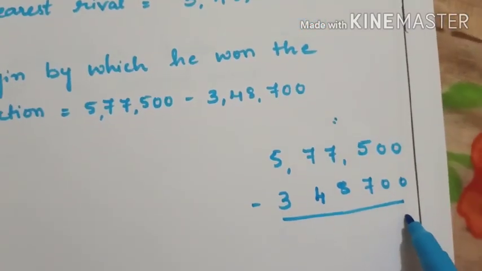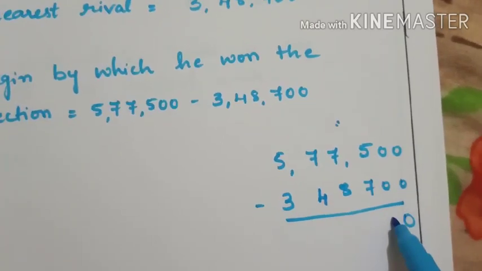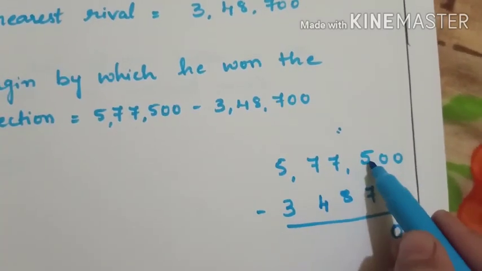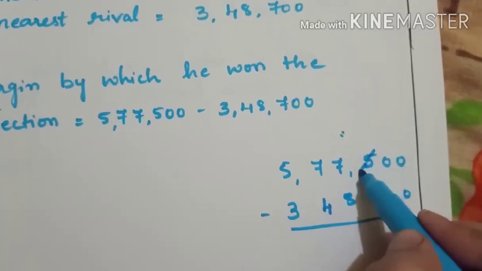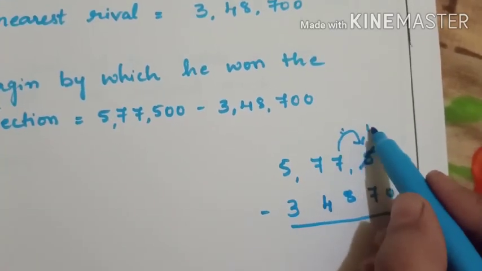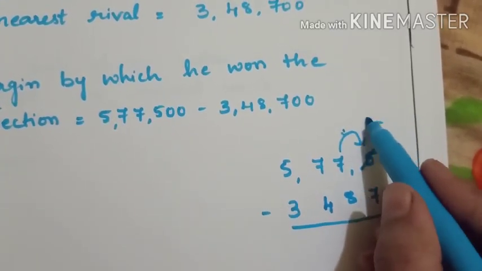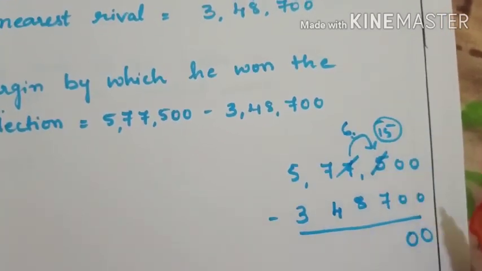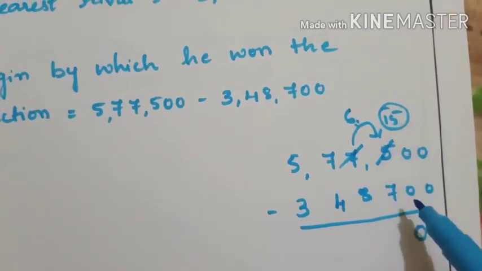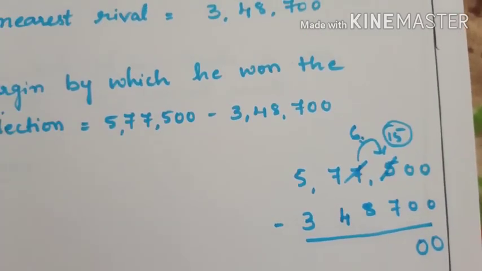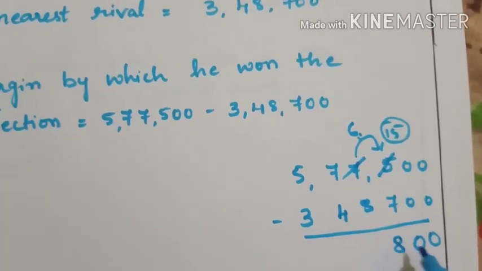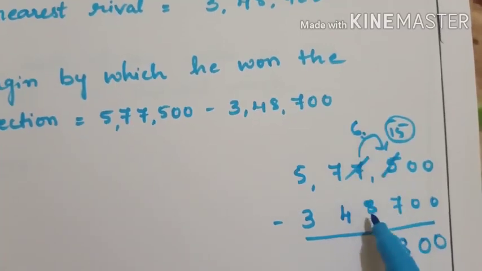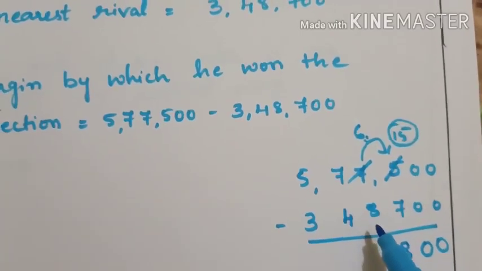0 minus 0, 0, 0 minus 0, 0. 5 minus 7 is not possible. Take the borrow, it becomes 15 and this becomes 6, right? Now 15 minus 7 is 8. Then 6 minus 8 is impossible.